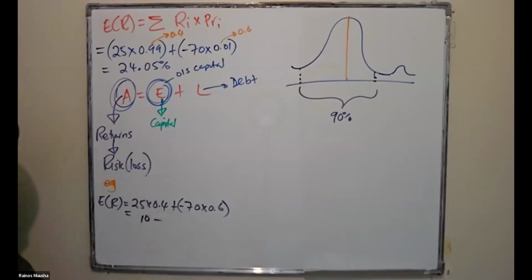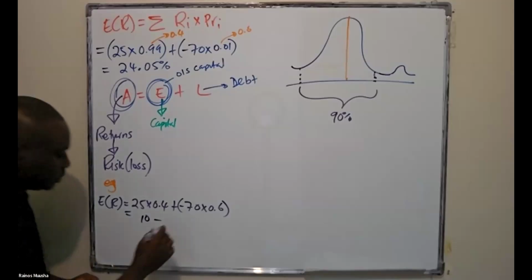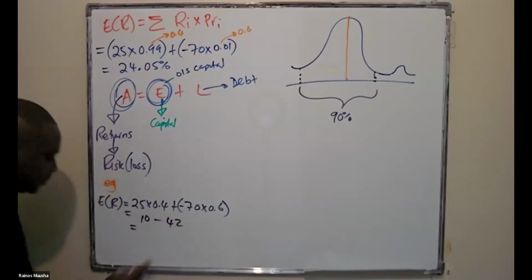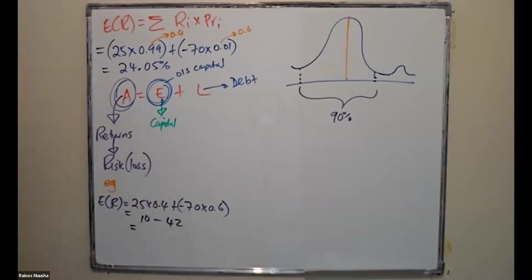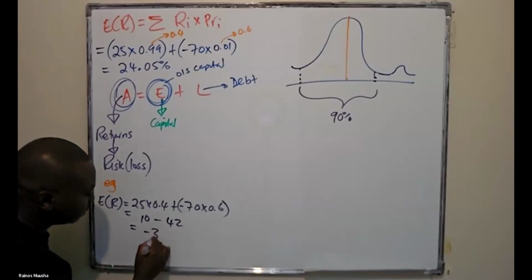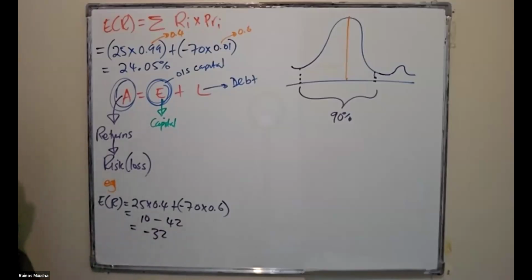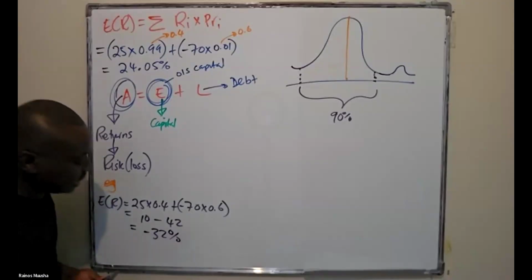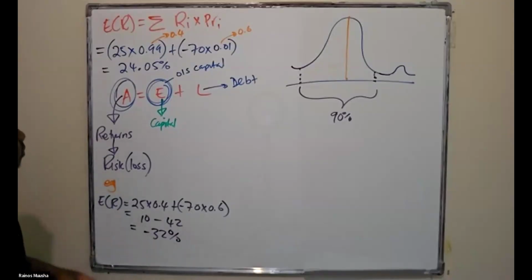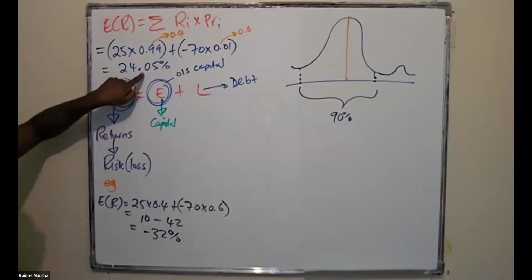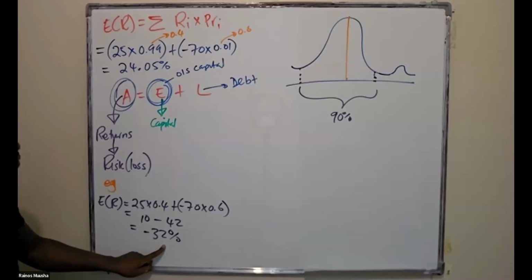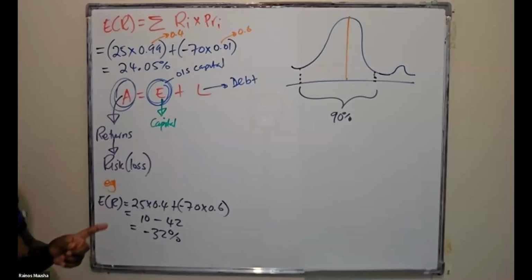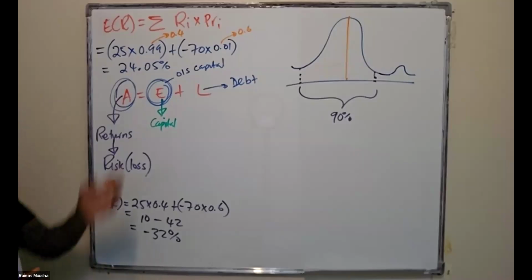This would be 10. And this would be 42. So do you see that our expected return drastically changes from being a positive 0.05% return to a loss of minus 32%? Do you see the effects of mismeasurement of known risk exposures?